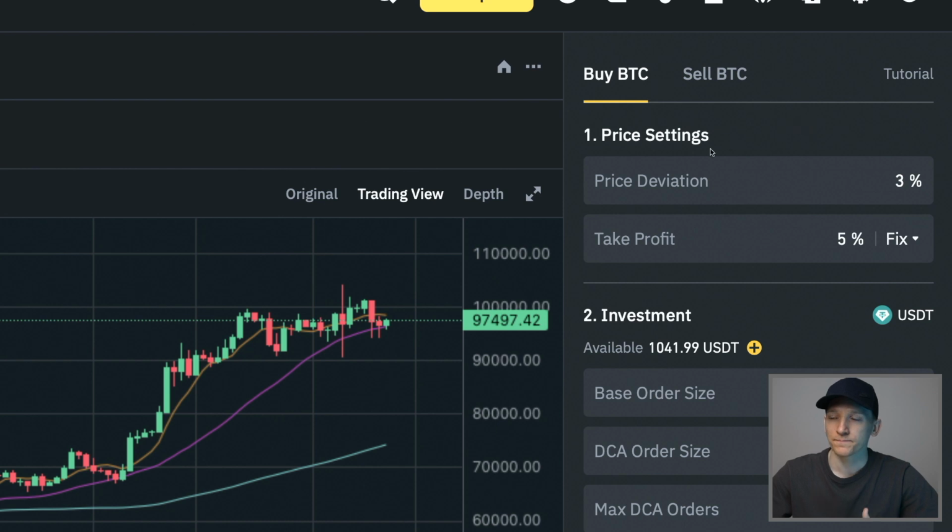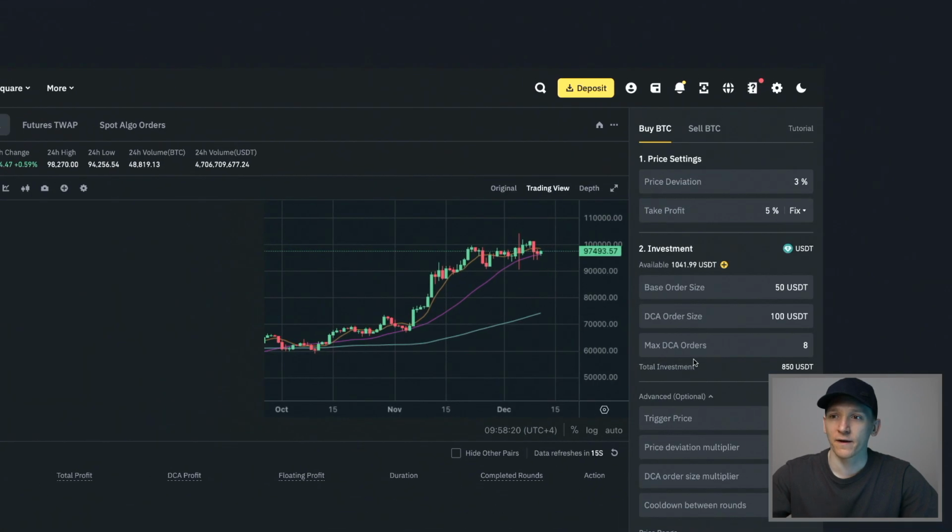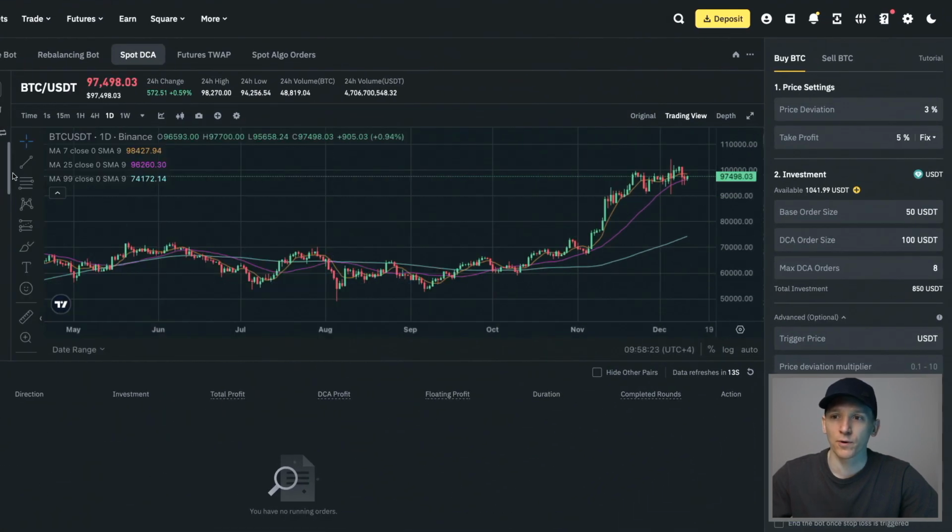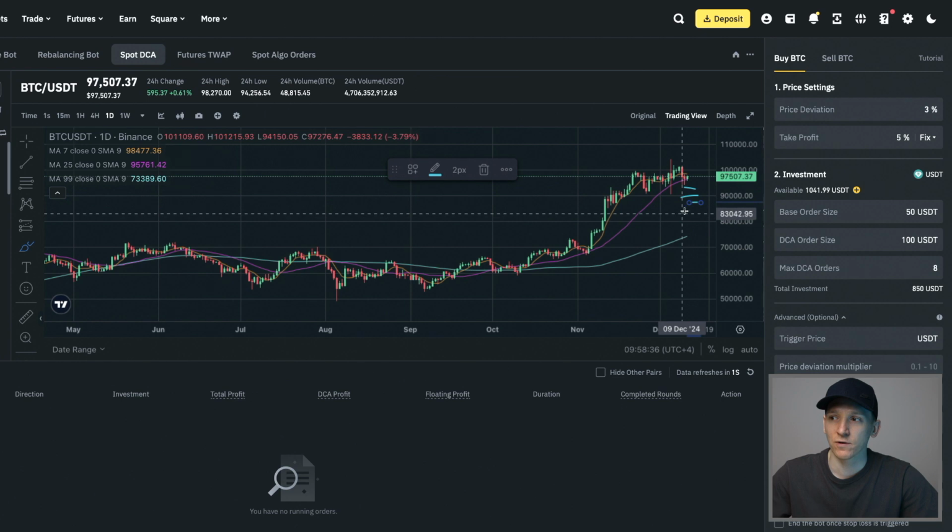But what we want to do is put in the parameters of this bot. Essentially, we're trying to buy when the price dips down from a certain level, and we can put that into the bot. So we take all of these buy orders at certain prices like this, and that automatically buys for us. As the price moves back up, we have an average price for our trades. Let's say we trade 5 times.